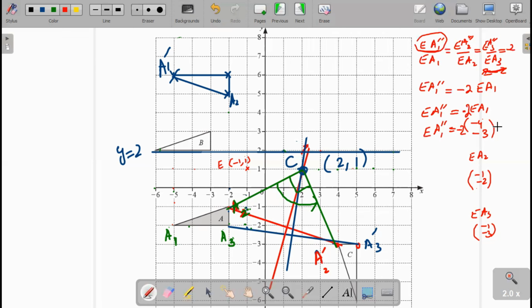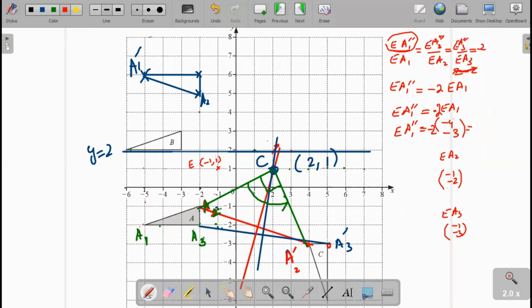We see what value it becomes, and here that value becomes -8, -6, and same for EA2 double dash, that value will be -2 times EA2. Now -2 times a negative, we get positive, so it is positive 8 and positive 6.